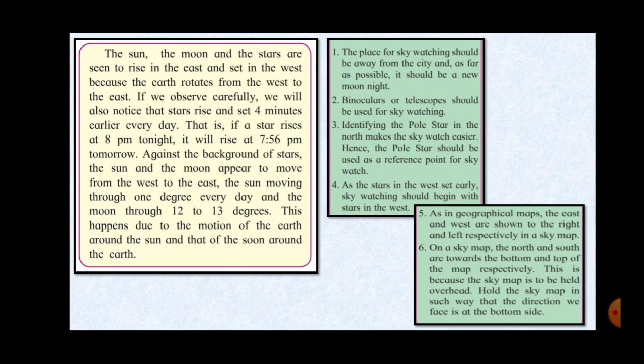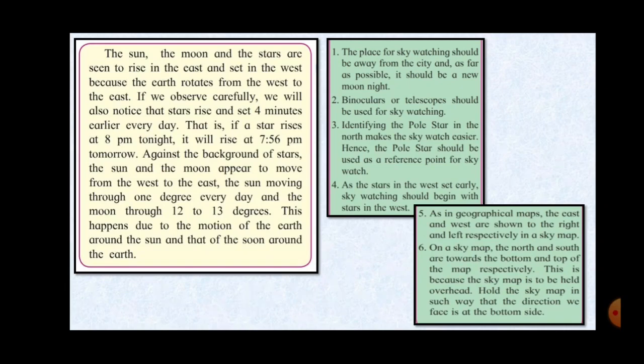When we go for sky watching, the first thing is that we should identify the pole star. Why? Because the pole star becomes the reference point for the sky watch. And as the stars in the west set early, sky watching should always begin with stars in the west because they will set early. So we should always start with the west.